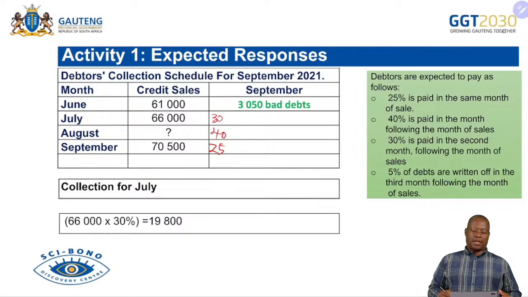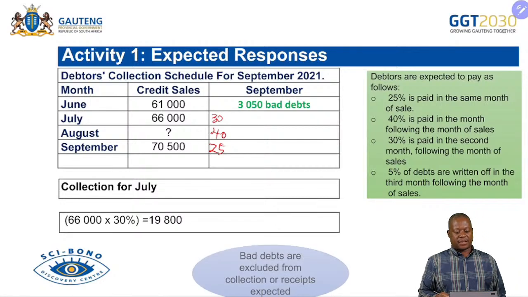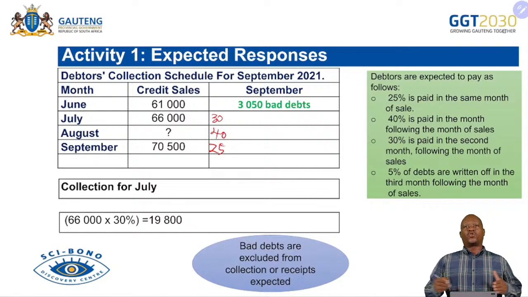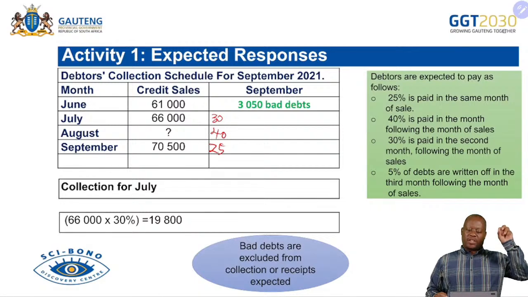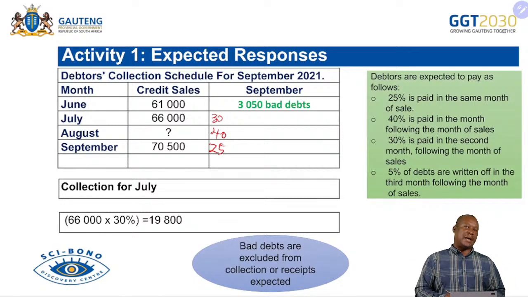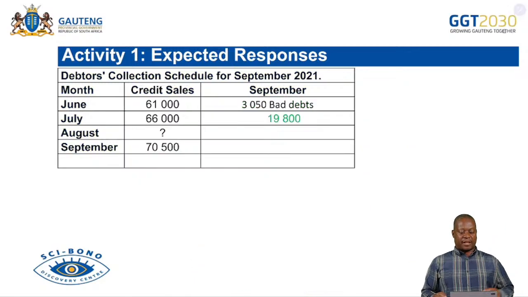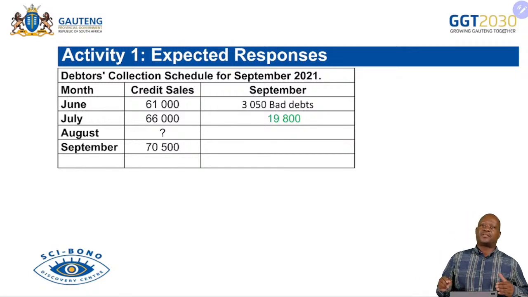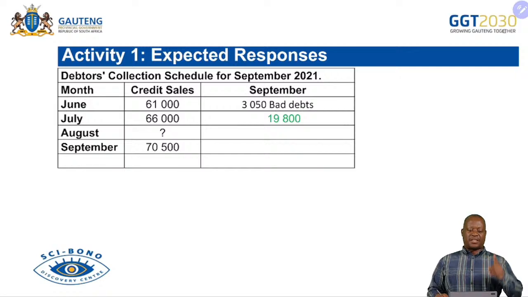Straightforward. And then we are going to get 19,800 as our figure. I'm not going to overemphasize the fact that bad debts is not a collection, but this is the figure that is going to appear as an expense when it comes to the projected income statement. So the first collection is going to be 19,800, 30% of 66,000.